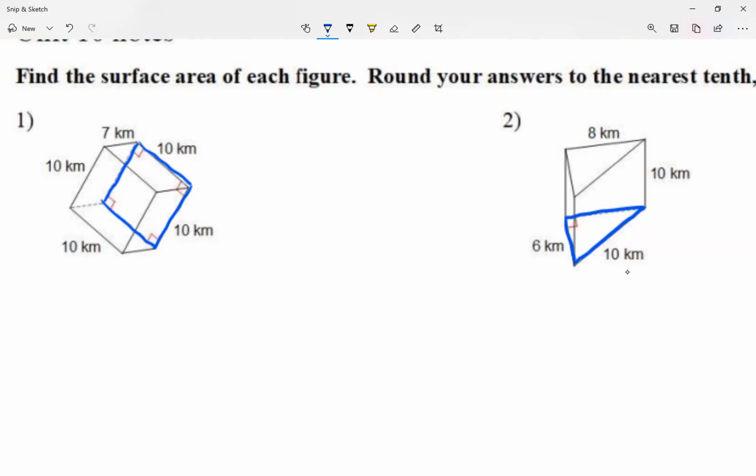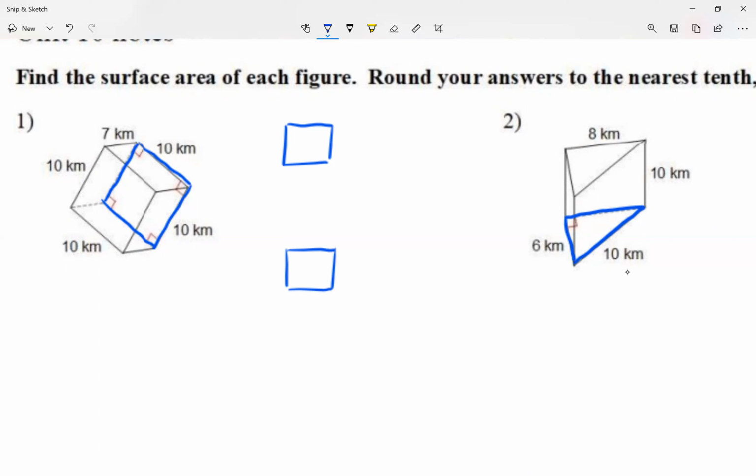That's a rectangle where the sides are the same, which is what we call a square. We have a rectangle on the top and a rectangle at the bottom. Like I said, imagine your room. You have a ceiling, you have a floor, so you have a base on the top and a base at the bottom.